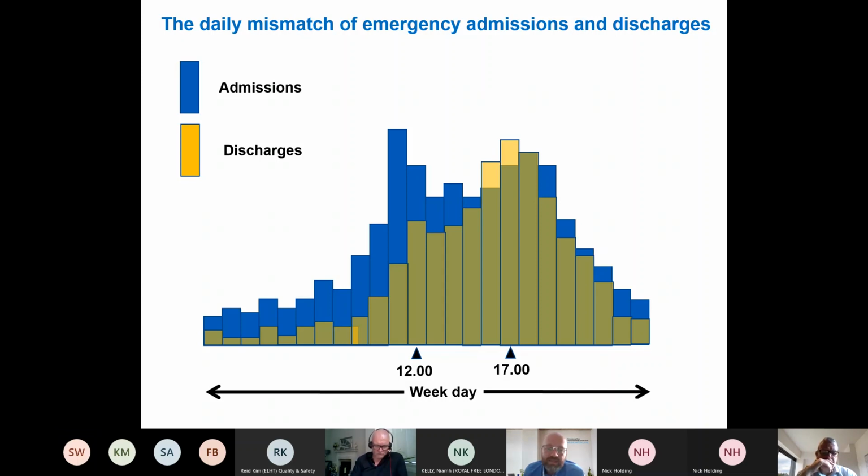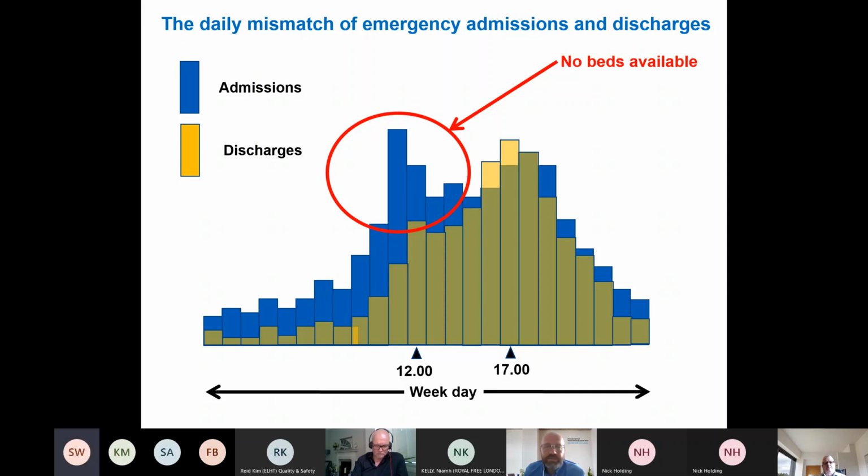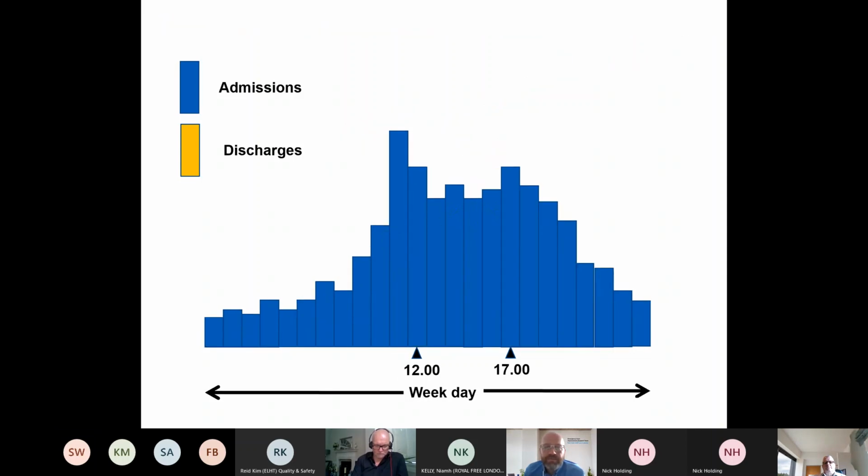And then, as I said earlier, when you look at the 5 o'clock onwards, that's when you start to get the movement, because the number of discharges going tends to overtake the number of admissions coming. And that's where you get that no bed available time around 11 o'clock to lunchtime, because the discharges are going after the next cohort of admissions arrive.